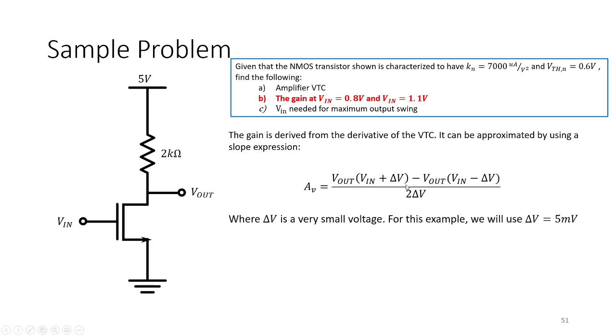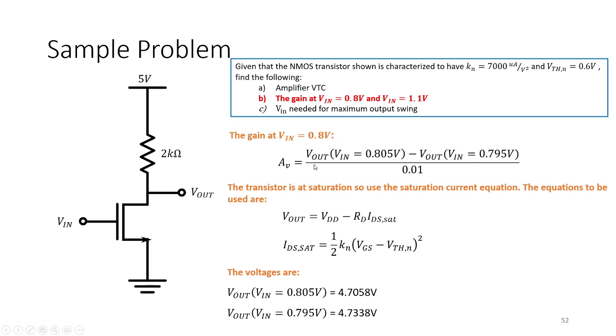But for simplicity's sake, let's just define a certain delta V. And then for a certain Vn, so for this one, for example, this 0.8, so 0.8 plus, let's use 5 millivolts, minus the value of Vout at 0.8 minus 5 millivolts, over twice 5 millivolts.